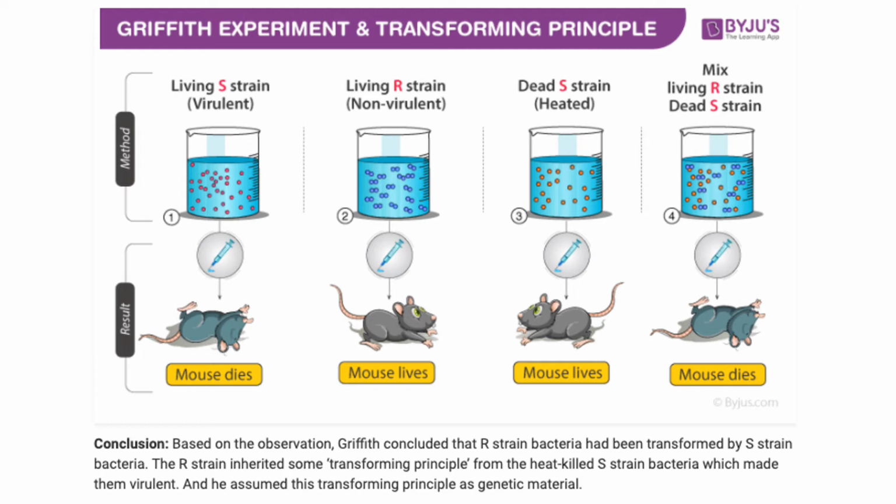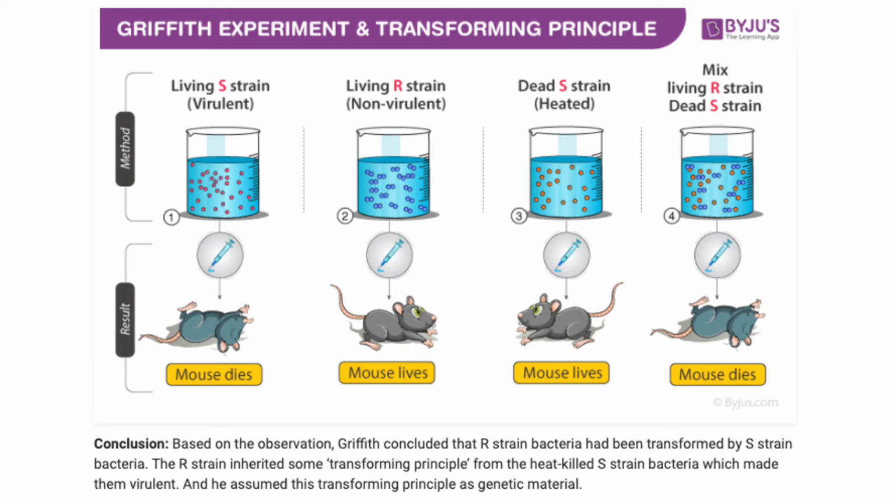Next, he mixed the two. He mixed the living R strain, the living non-virulent, harmless strain, with some of the dead S strain that he had killed with heat. When he injected that mixture into mice, the mice would die.